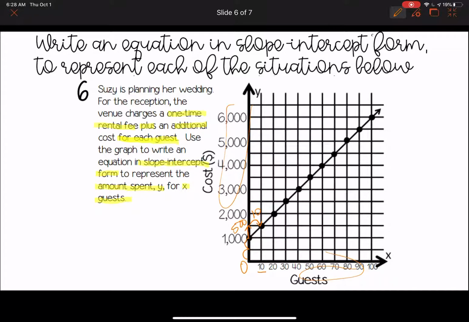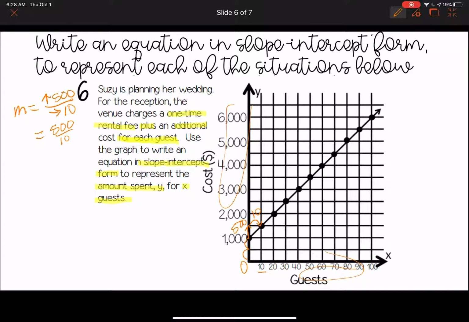So let's write it out. We've got M is equal to up 500 and always to the right 10. All right, so we can rewrite that as 500 divided by 10. Well, you're not going to leave it like that. You're going to simplify.